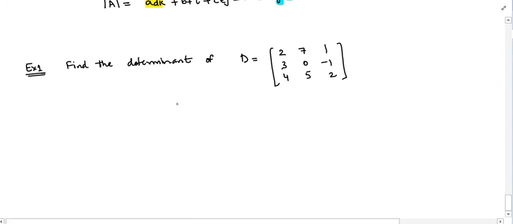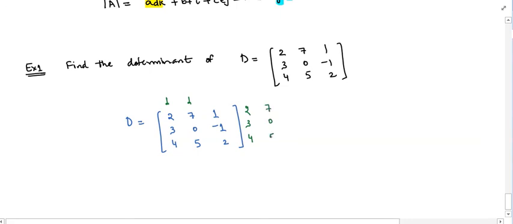Let me write matrix D: 2, 3, 4, 7, 0, 5, 1, minus 1, 2. This is the matrix. I will write the first 2 columns here: 2, 3, 4, 7, 0, 5.